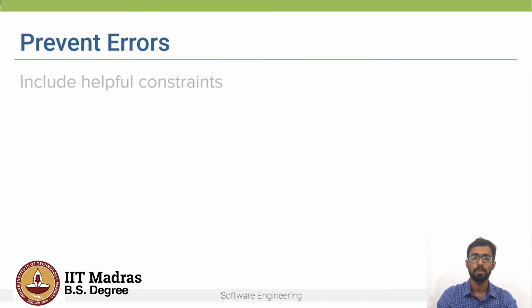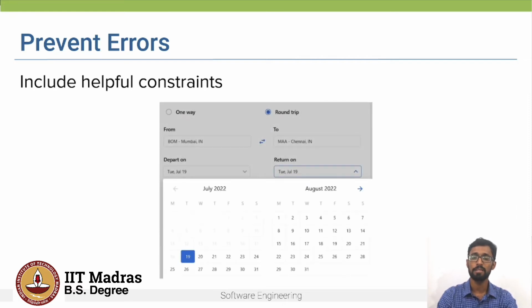One example can be to include helpful constraints. For example, this is an interface for booking a flight, with a return journey as well. Here you can see that the return date cannot be before the departure date.